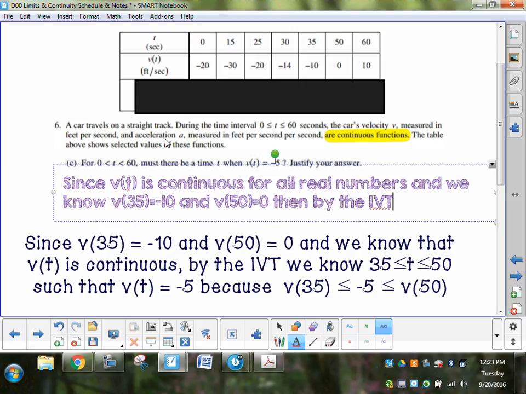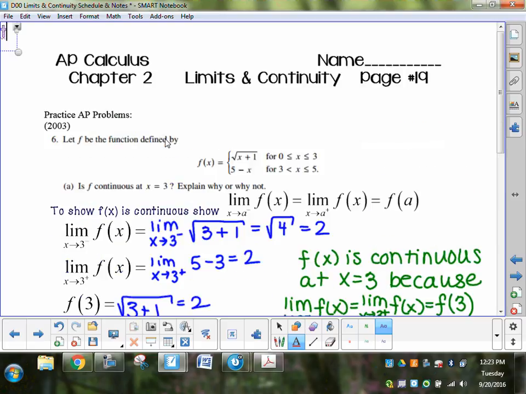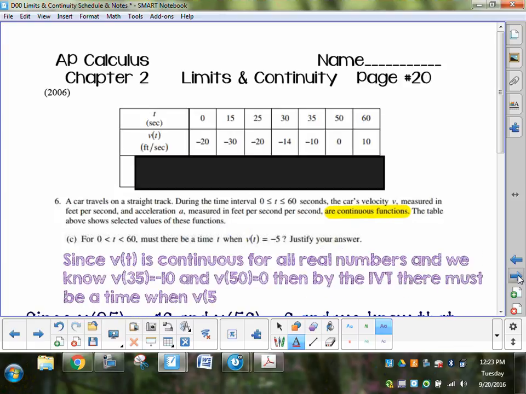Okay, then by the intermediate value theorem, what can we say to finish this off? What do you want to say to finish it off? Who can tell me? John? There must be a time when V of t equals -5, since V of 35 is less than -5, which is less than V of 50.